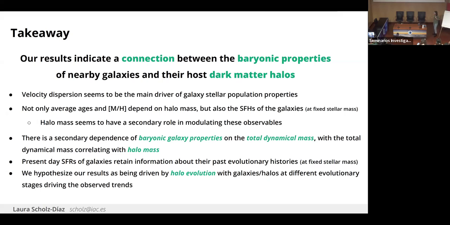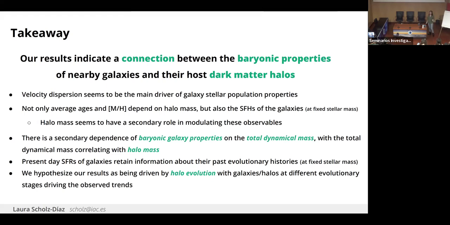Not only average stellar populations show a dependence on halo mass, but also their star formation histories. So halo mass seems to have a secondary role in driving the galaxy formation process.